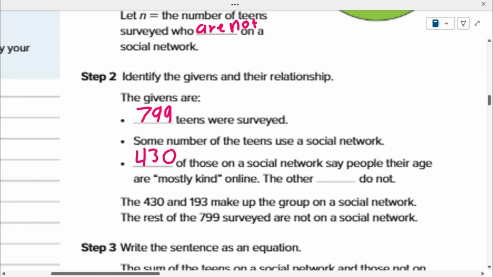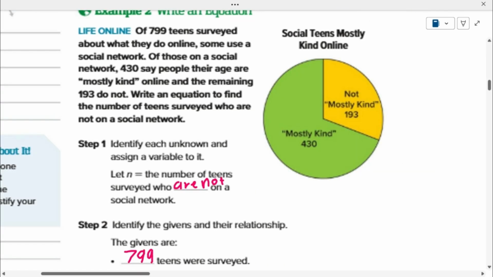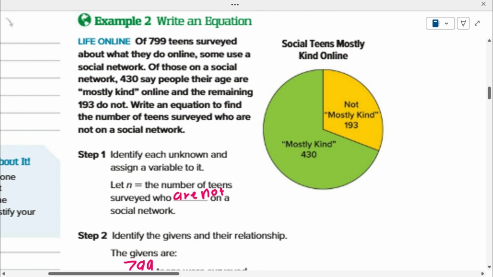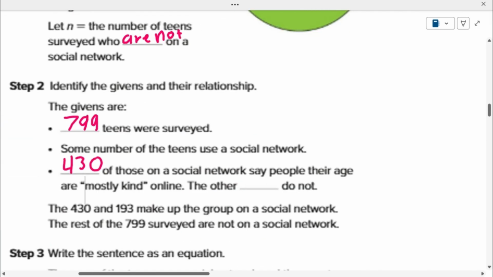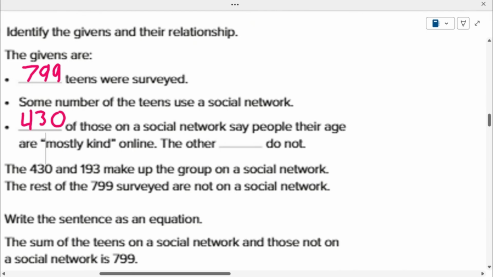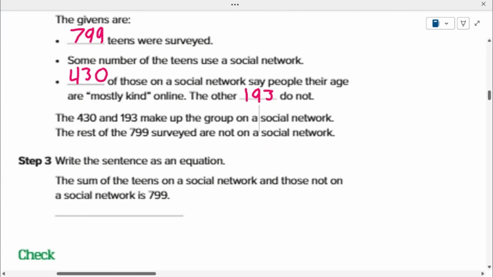The other blank did not. So how many did not? Let's see. Remaining 193 do not find people mostly kind online. Yeah, 193. All right, so we're just identifying the things that we already know to help us find the things we don't know.